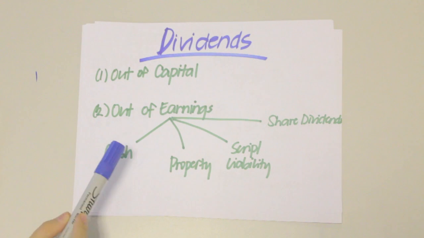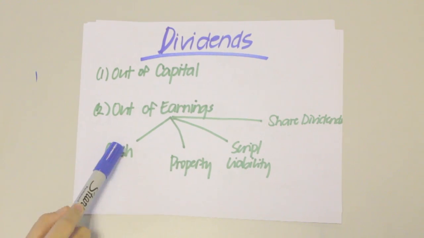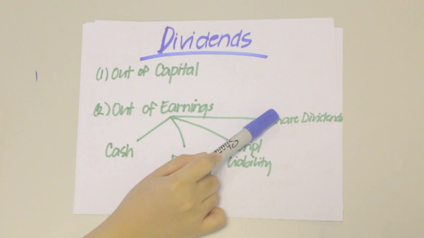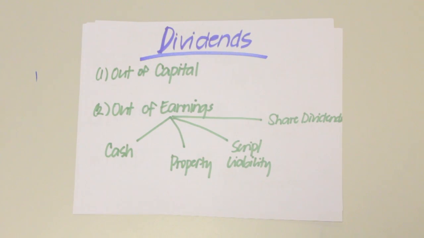Under this, we have four types, namely cash, property, scrip or liability, or share dividends. A cash dividend is a pro rata distribution of cash to stockholders. For a corporation to pay a cash dividend, it must have retained earnings, adequate cash, and declared dividends.